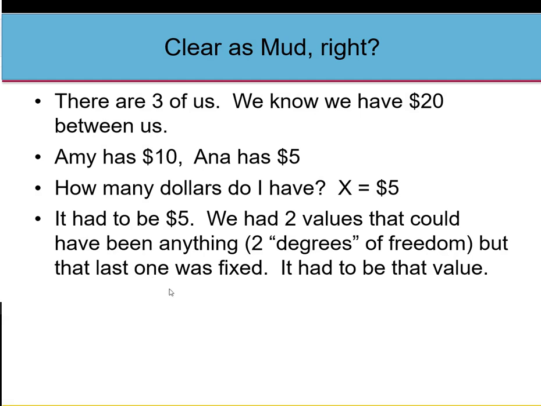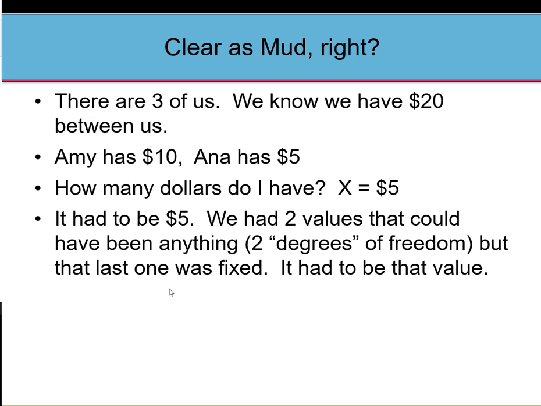So let me give you an example. We have $20 and there are 3 of us. Amy has $10, Anna has $5. How many dollars do I have? Well, if you know Amy has 10 and Anna has 5 and you know the total, I'm stuck with having $5 because the 10 was accounted for and the 5 was accounted for. What was left over was my score.